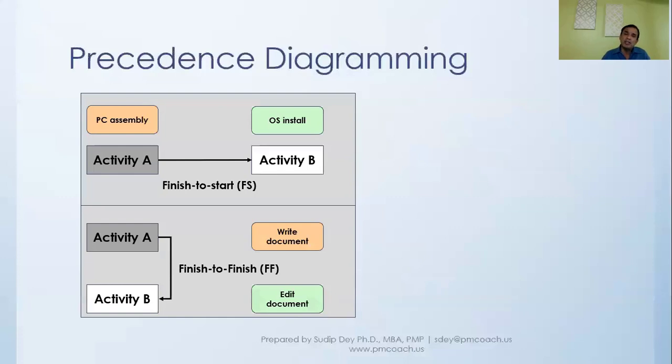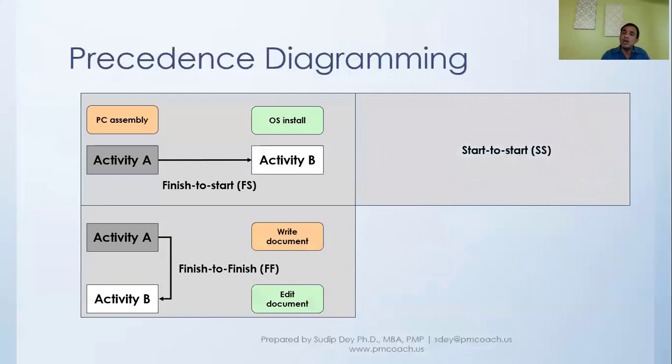Write document can start, and a little later, edit document can start. It can go in parallel. So the edit document can happen only for those portions where the writing has been done. The writing and editing of the document can go together. But we cannot finish editing of the document unless writing of the document is complete. So it has a finish to finish relationship.